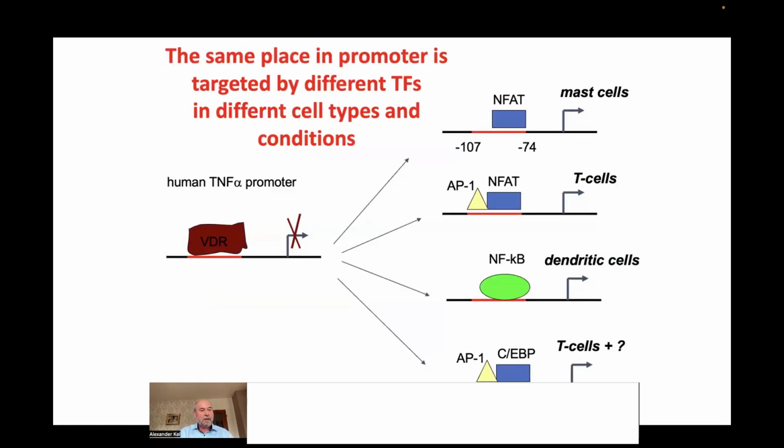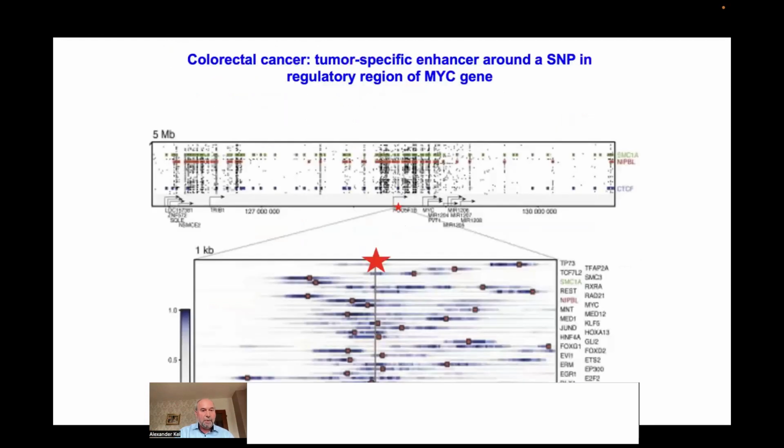We know that in different cell types, the same binding place, actually the same parking place for a factor, can be occupied by completely different factors like NF-AT, NF-kappa B, CEBP. They bind to the same place, or even the receptor VDR is actually binding to the same place in the promoter. So they can bind to the same place, which means the words in the regulatory code are overlapping.